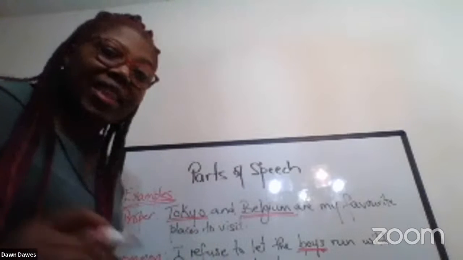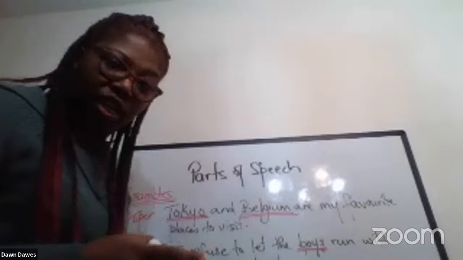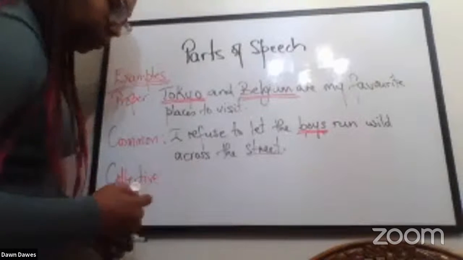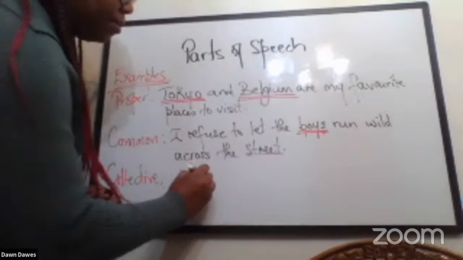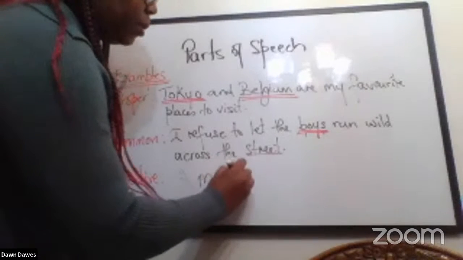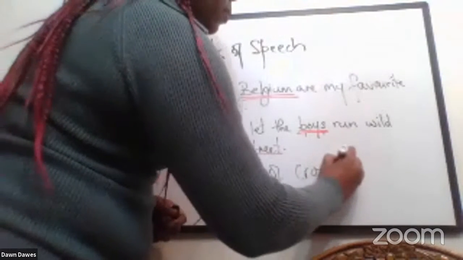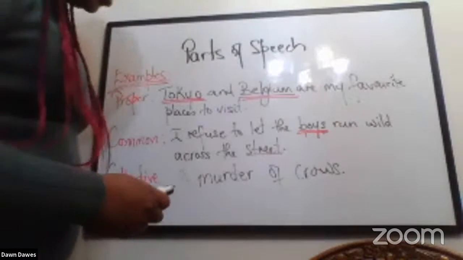Okay, so I said that this word here was something I actually learned long after high school. Okay, I left my marker open too long. A murder of crows. A murder of crows.